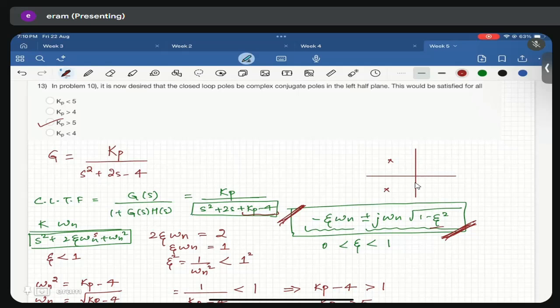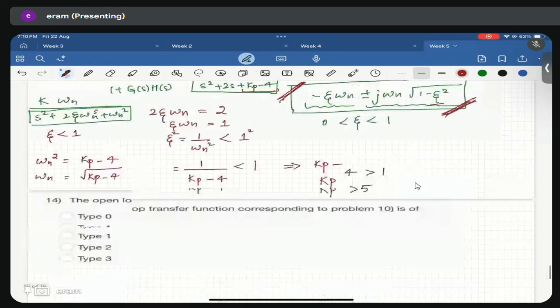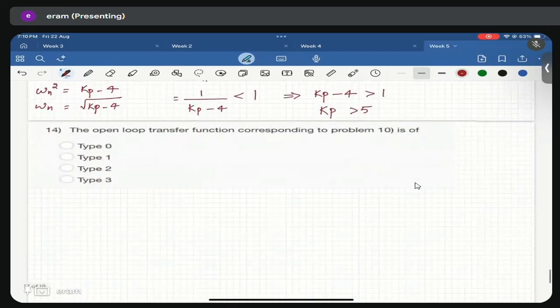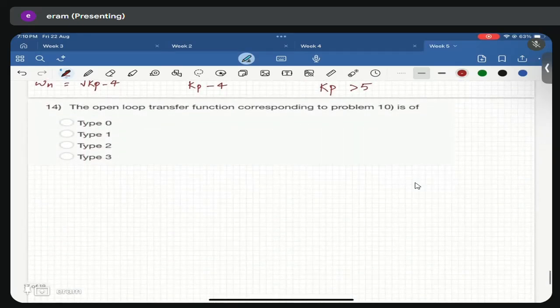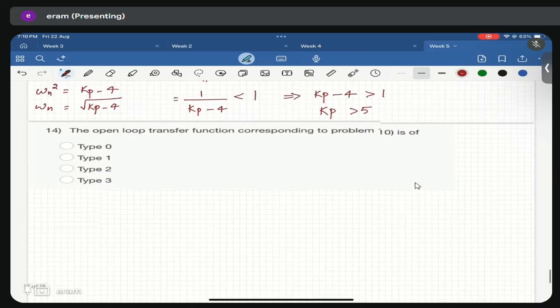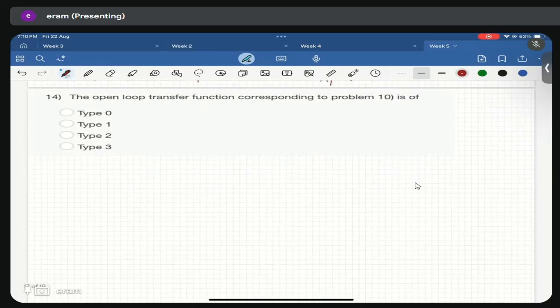Okay, ma'am. Okay, for the same problem, we are dealing with the same transfer function for all these questions. Find out the type of the system, the type of the open loop transfer function.